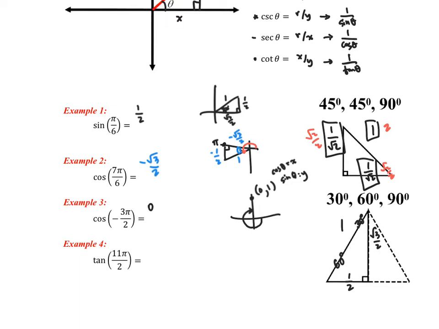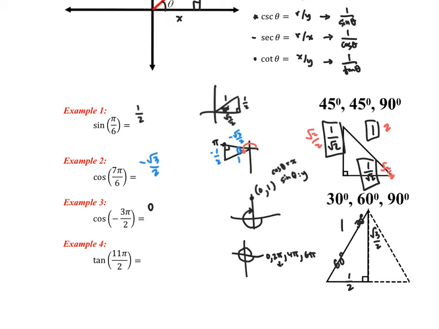Okay, 11 pi over 2, where does that land us on the unit circle? Here's 4 pi over 2, that's 2 pi. So this is 0, or 2 pi, or 4 pi, or 6 pi.